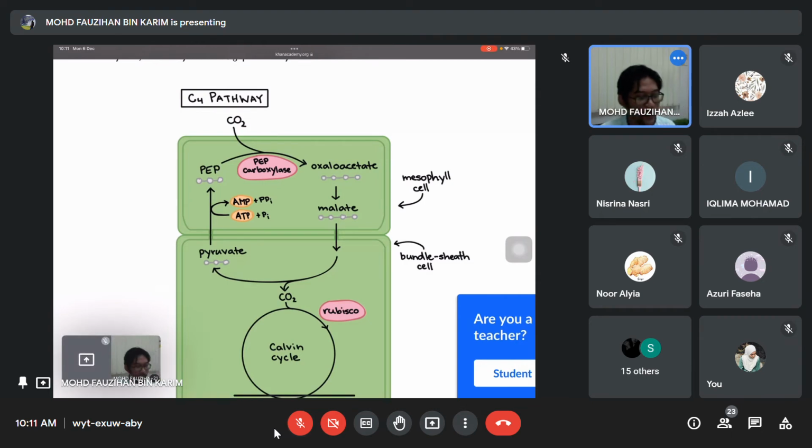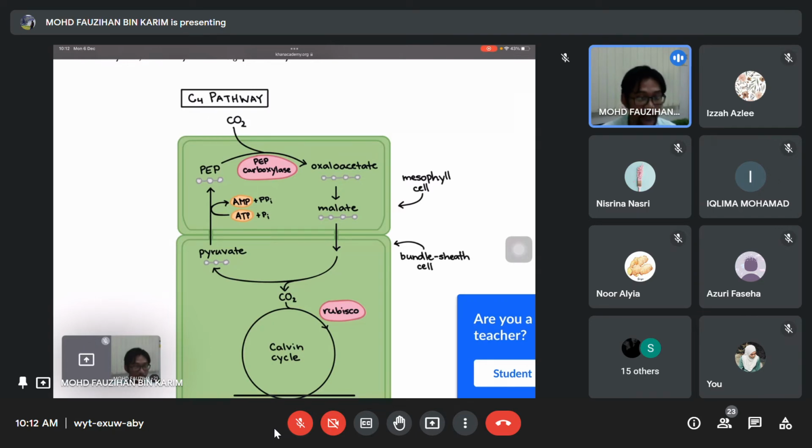Phosphoenol pyruvate is a molecule, and it also has an enzyme. Phosphoenol pyruvate carboxylase is an enzyme like Rubisco. I will shorten phosphoenol pyruvate to PEP. PEP only can bind carbon dioxide, not oxygen.